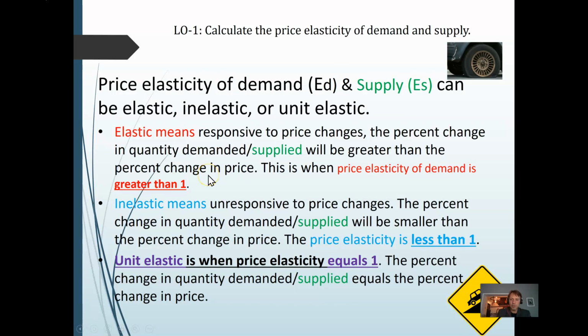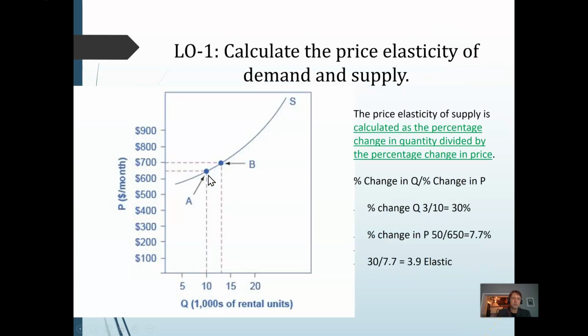We went from 650 to 700, a change of 50, starting at point A at 650 as the price, right over here, this bottom one. And that shows us 7.7%. And then we take the percentage change in quantity divided by the percentage change in price, and we get an elasticity number, in this case 3.9.